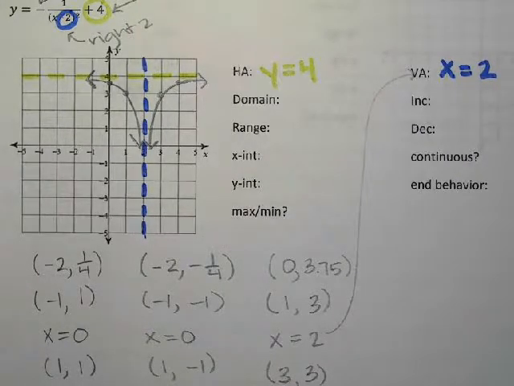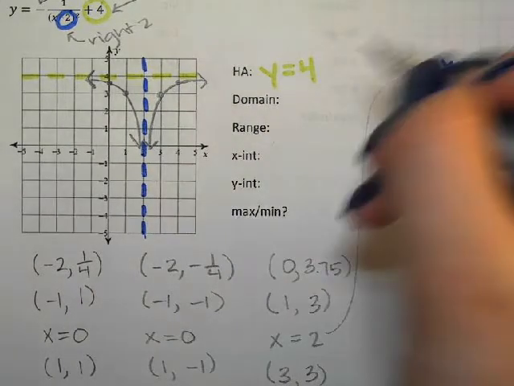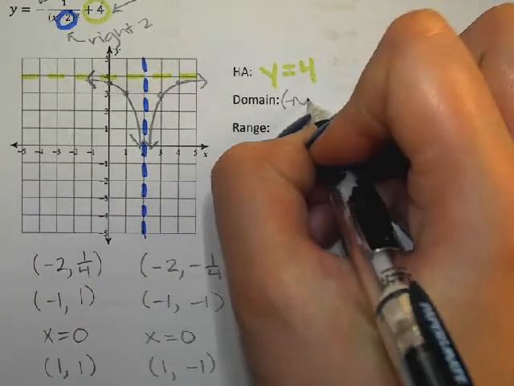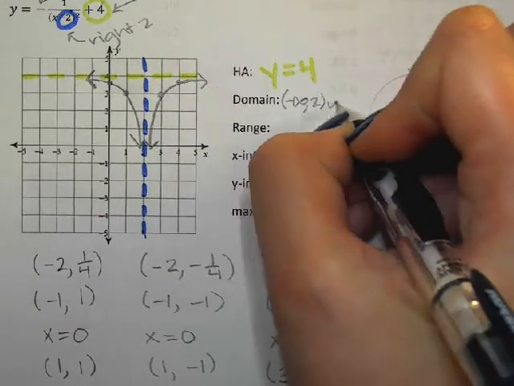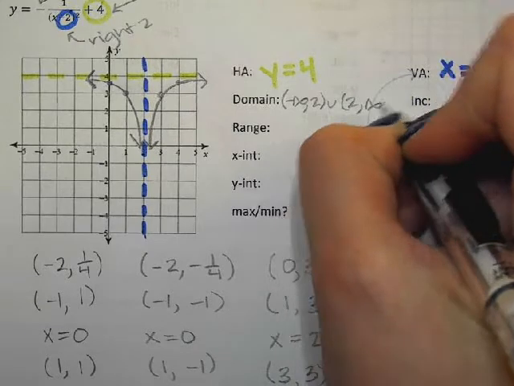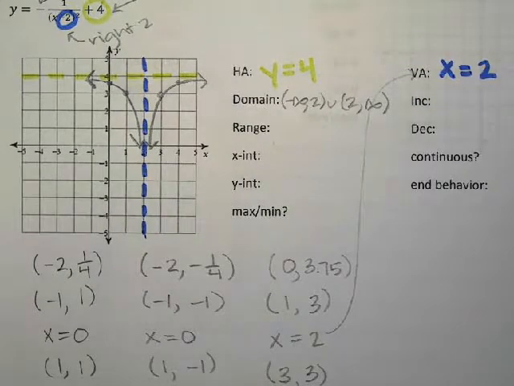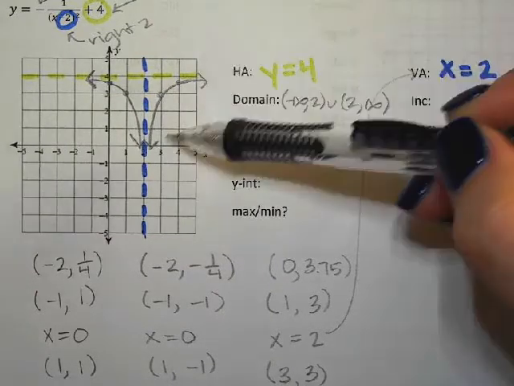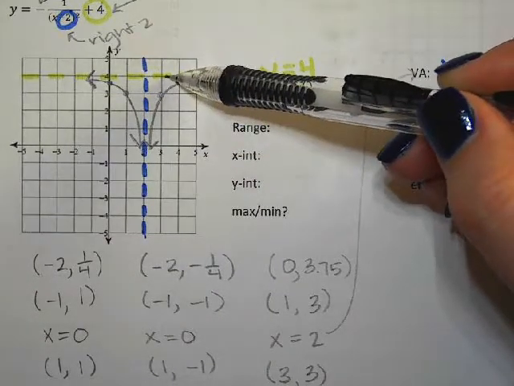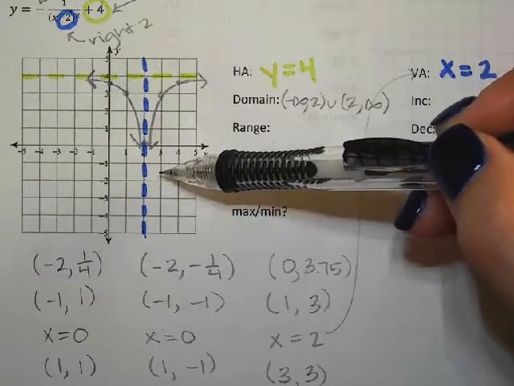So for the domain, we have all of the x values, but we have to skip one of them. 2. So for the domain, we're going to say negative infinity to 2 and 2 to infinity. For the y values, we only have the y values underneath the horizontal asymptote.